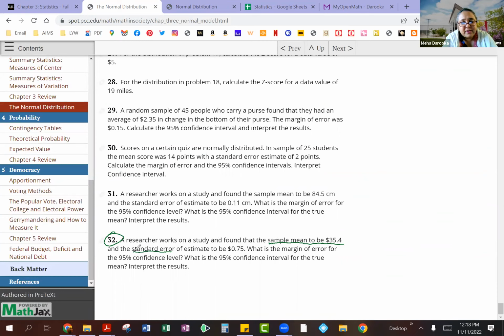And the standard error of estimate is 75 cents. What is the margin of error for the 95% confidence level? And then of course, what is the 95% confidence interval for the true mean? And then interpret the results.